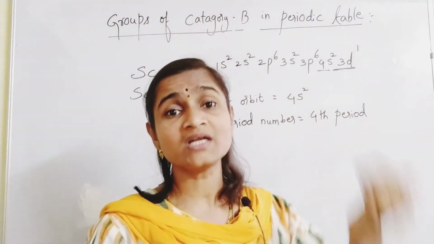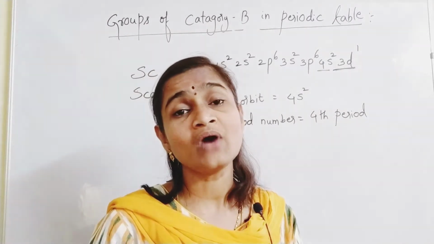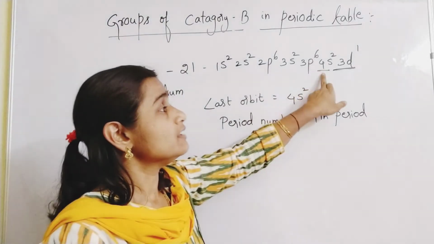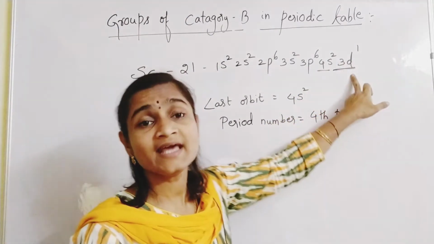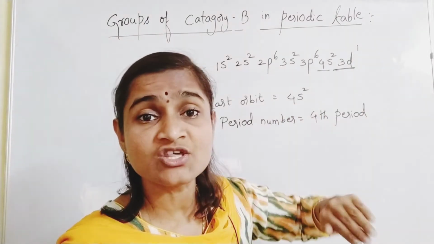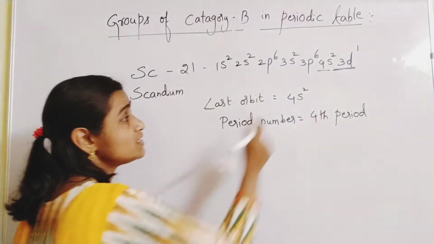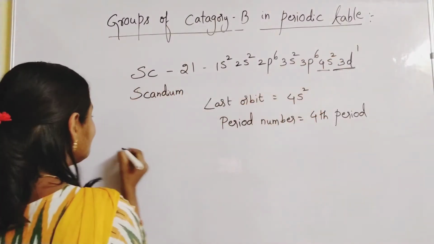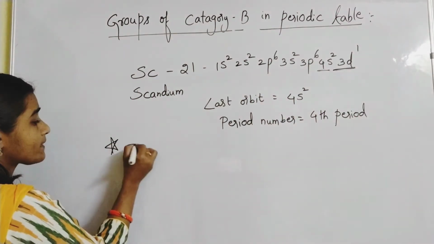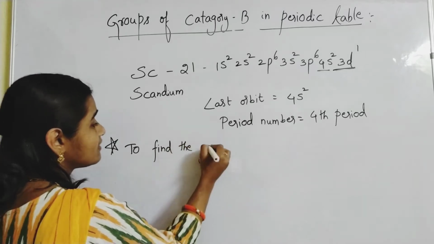For d block elements, you have to add the s electrons of the last orbit and the d electrons of the last but one shell. Here, s electrons of the last orbit: 2 are there.